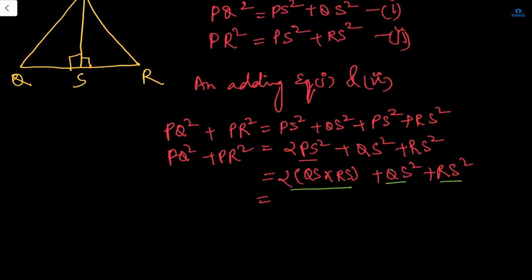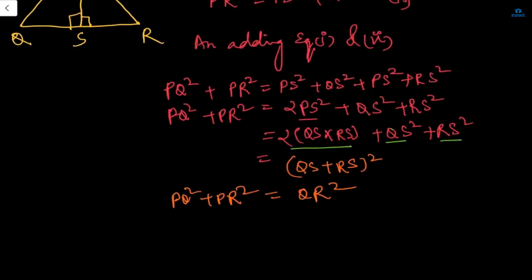So what you will get is A plus B whole square, that is QS plus RS whole square, which is QR whole square. So you have got PQ square plus PR square is equal to QR square.